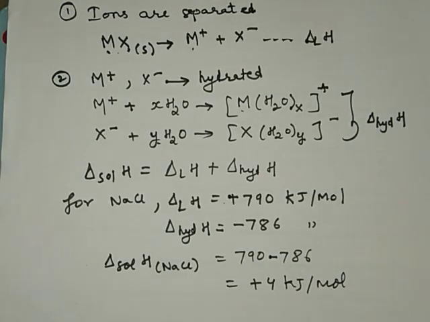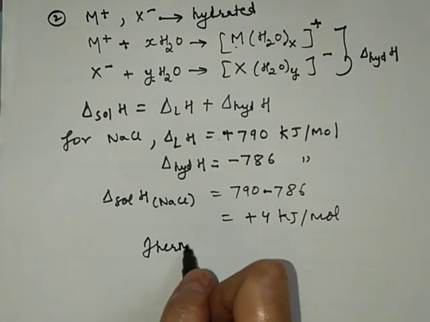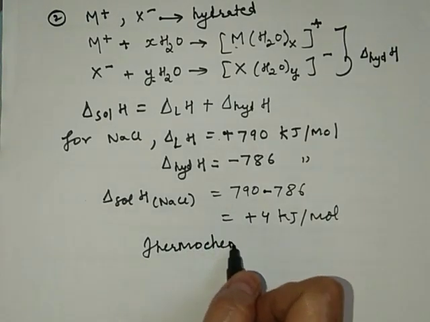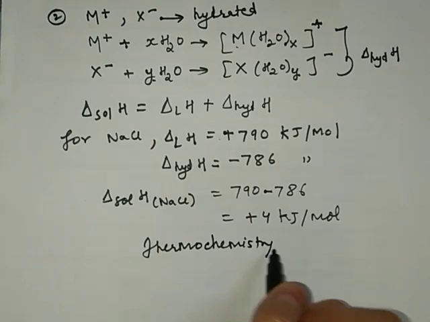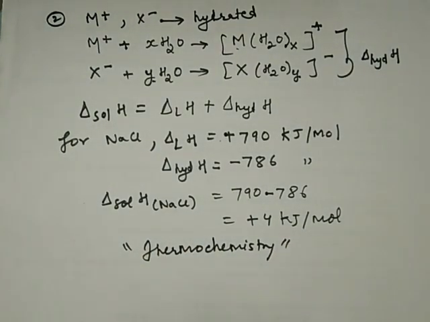Okay, next we come to a concept which is called thermochemistry. Okay, the next concept is thermochemistry, which is a branch of chemistry which deals with what? Enthalpy changes in chemical reactions.